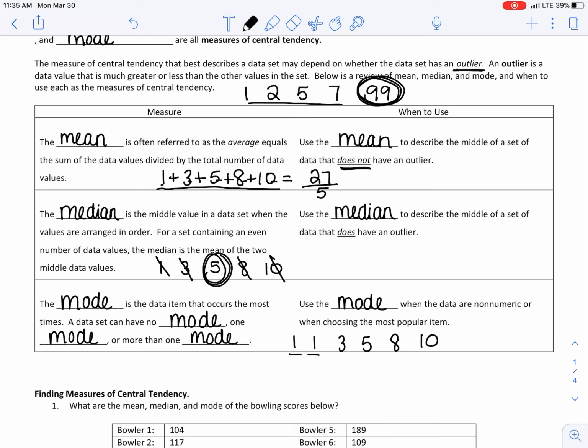Well, the most common answer would have been blue. So that would have been a good indication. So that's whenever, like I said, you're using non-numeric data. And in all honesty, we really won't use mode to ever describe our data.